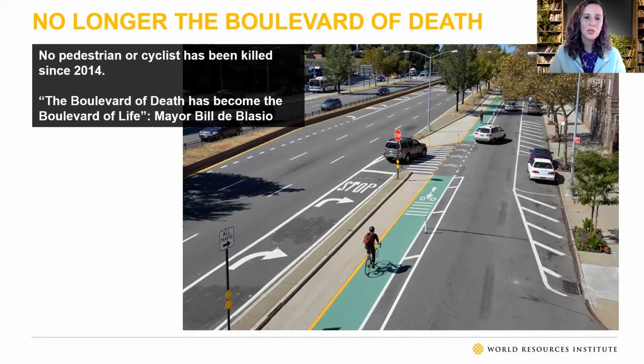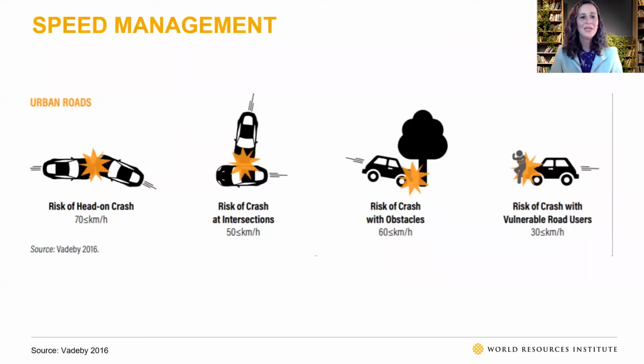Since 2014, this road has registered 0 fatalities among pedestrians and cyclists. It is a very encouraging example, one that you, as an architect, engineer, urban planner, can take back to your city.